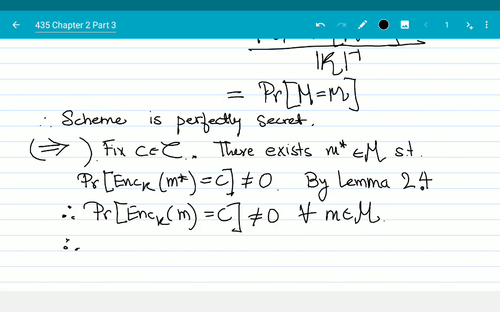for every m there is some set of keys Ki.